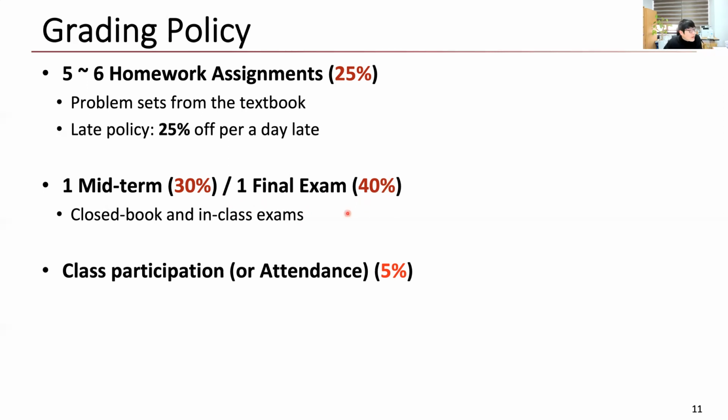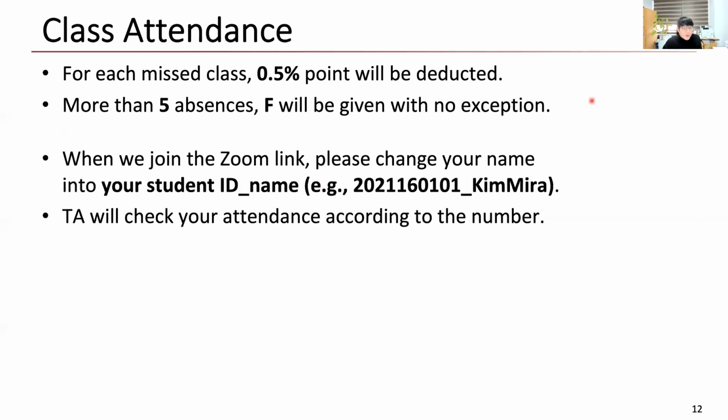One more thing is that you will get 5% with the class participation. For each missed class, 0.5% will be deducted. So with more than 5 absences, an F will be given with no exception.